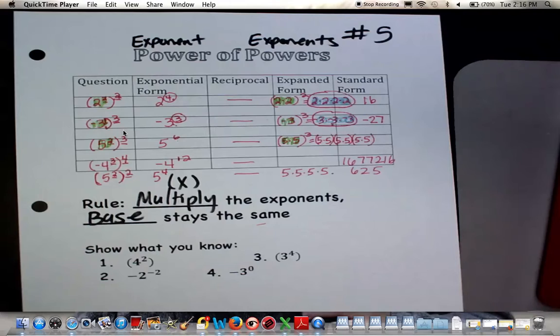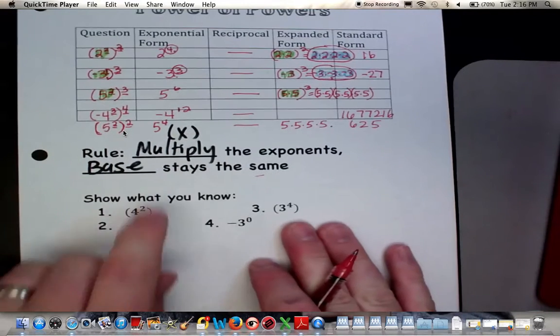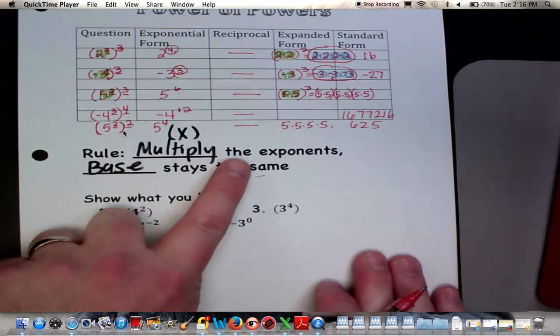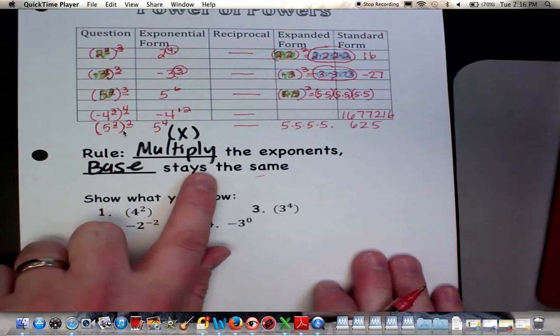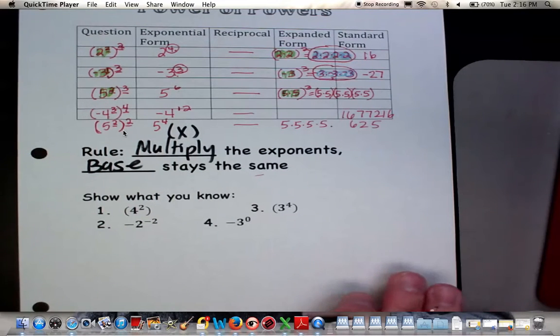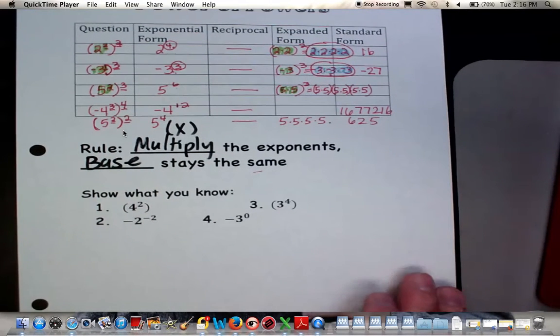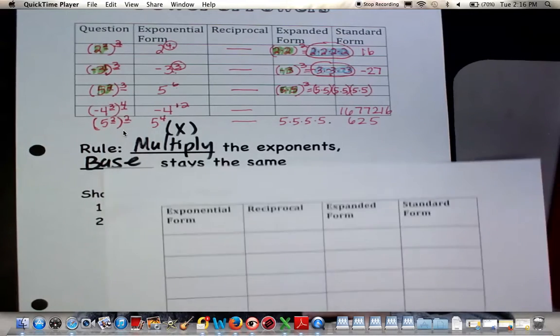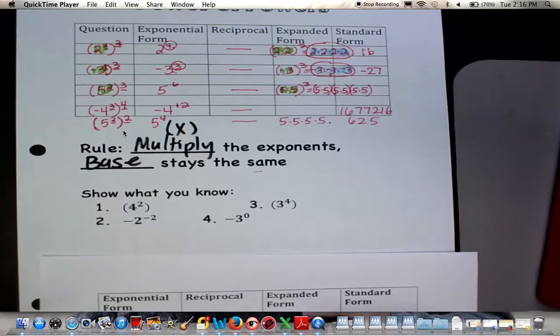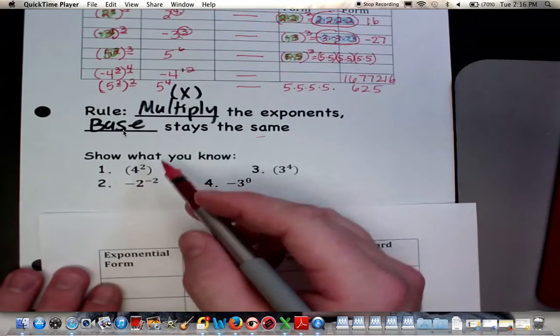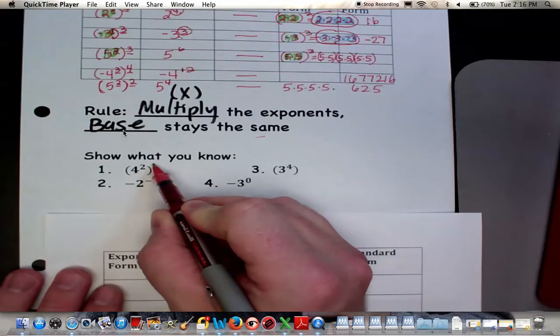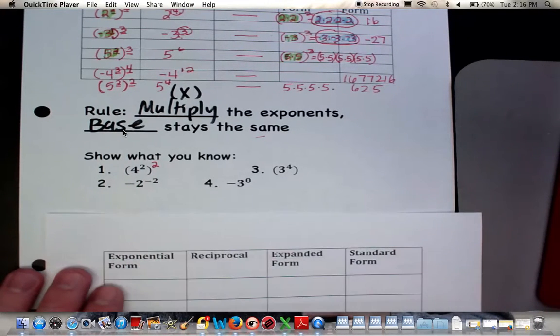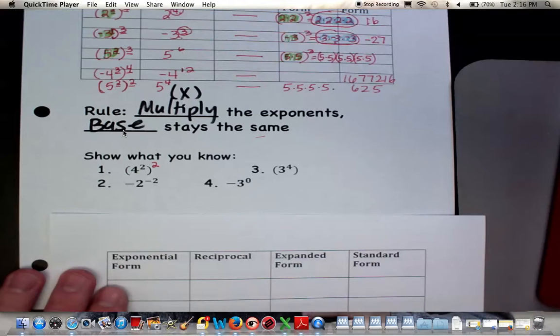Okay, so down here at the bottom, I want you to use this rule: multiply the exponents, the bases stay the same. You're going to get one of these papers, your organizer, and I want you to do these problems. This is 4 squared to the 2nd power.